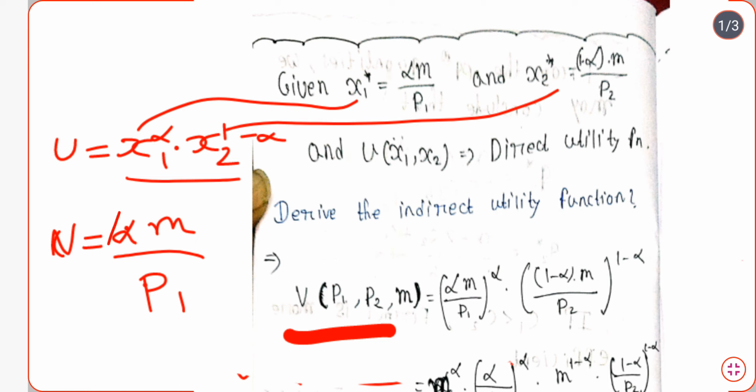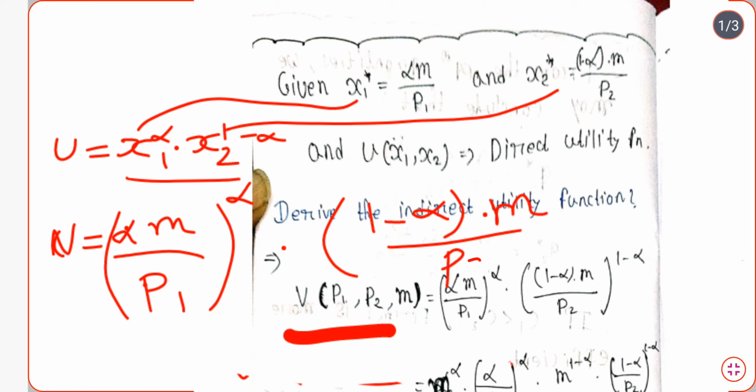So now if we put the value of x1 here, it will be to the power alpha, and similarly in the case of x2, 1 minus alpha into m by p2 to the power 1 minus alpha, because that is actually given in the utility function, that is x1 to the power alpha into x2 to the power 1 minus alpha.